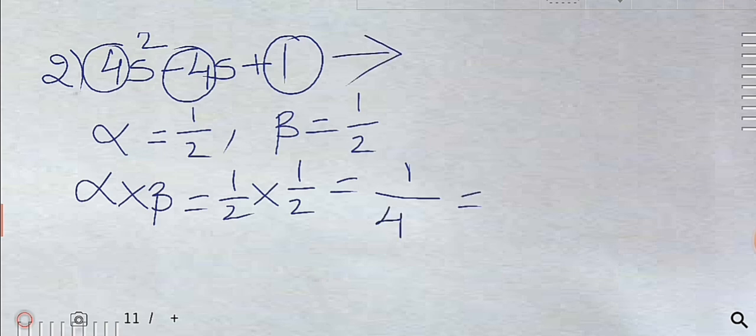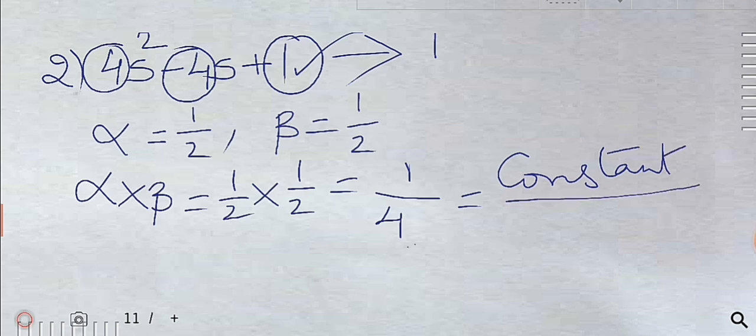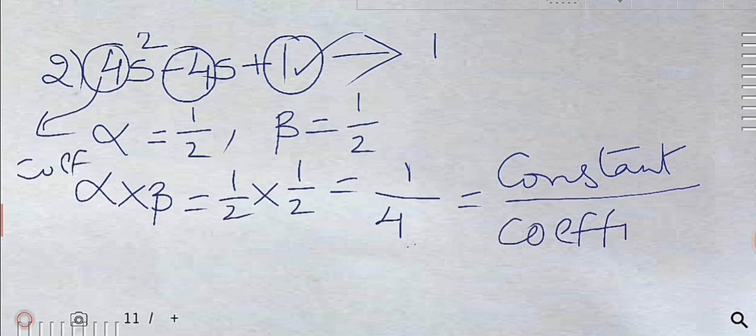From this polynomial, what is 1? 1 is nothing but the constant value. Constant by, what is this 4? Coefficient of s square. This is how we find the product of zeros.